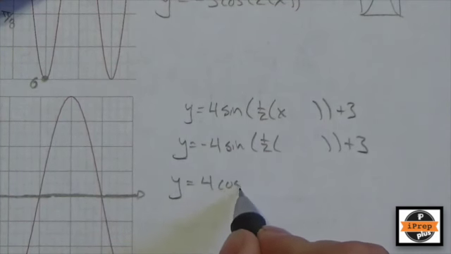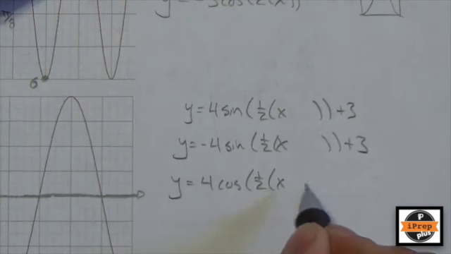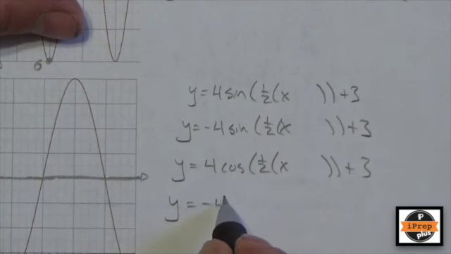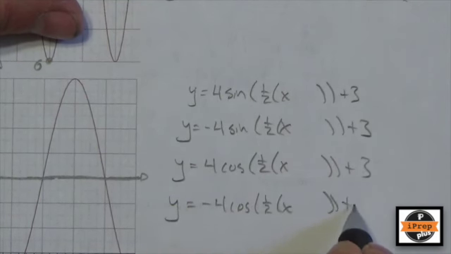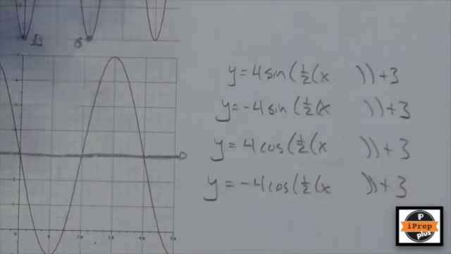Or 4 cosine of 1/2, figure out the phase shift in a second, plus 3. Or negative 4 cosine of 1/2 plus 3.